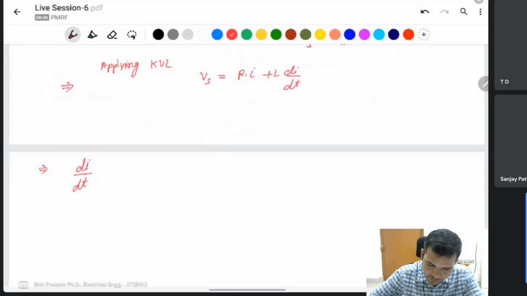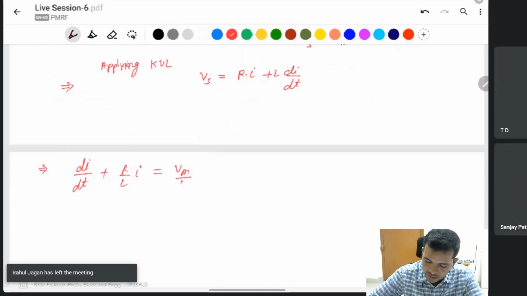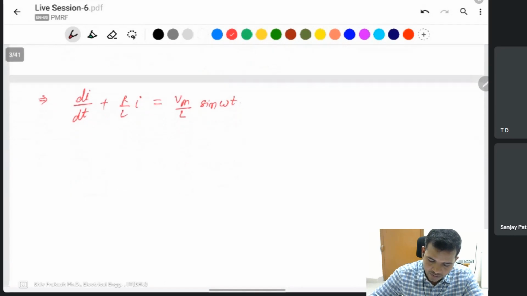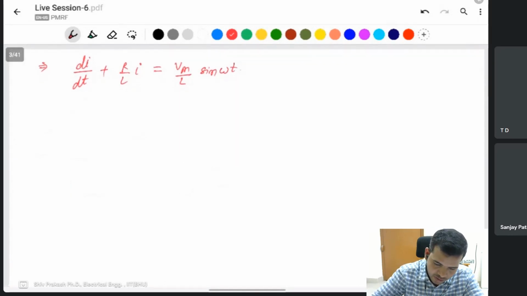This is a linear differential equation, where Vs is Vm sin omega t.